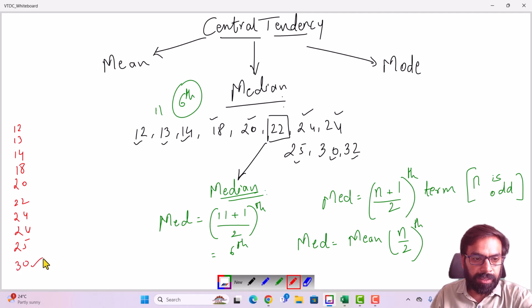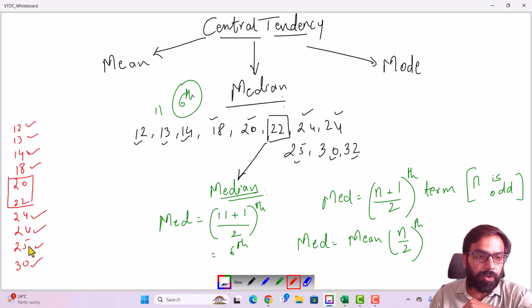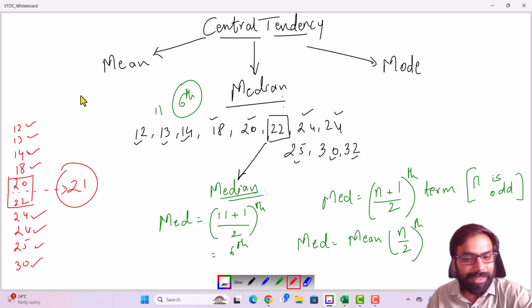Again, the same thing: last term, first term, second term, second last term, third term, third last term, fourth term, fourth last. The problem is now I'm not left with one mid quantity. I'm left with two mid quantities. The number of quantities is even. So in this case, my median is the mean of these two, which will come out to be 21.